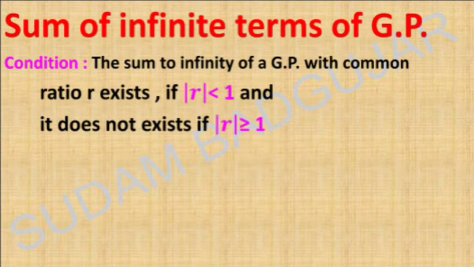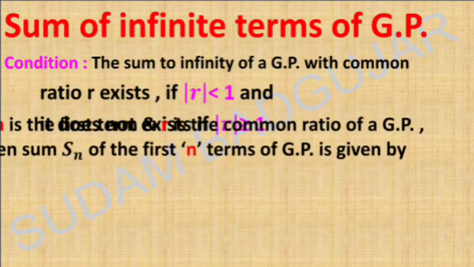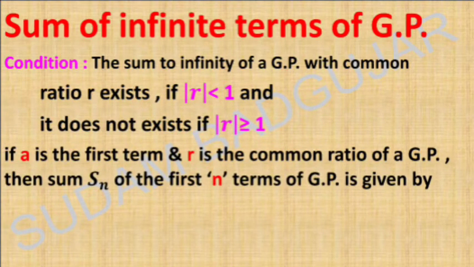Okay, see, there are two conditions. If the sum exists, then the absolute value of the common ratio is less than 1. If it does not exist, then it is greater than or equal to 1. Now we have to find the formula for S infinity, the sum of infinite terms.